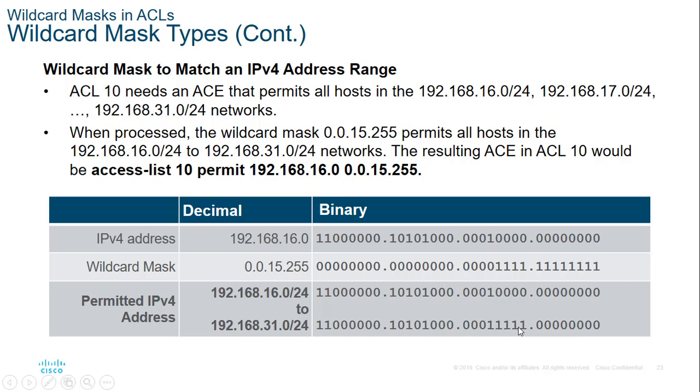So I'm allowing 16 up to 31 to come through. Everybody else I ignore. It's a little tricky at times to figure out.